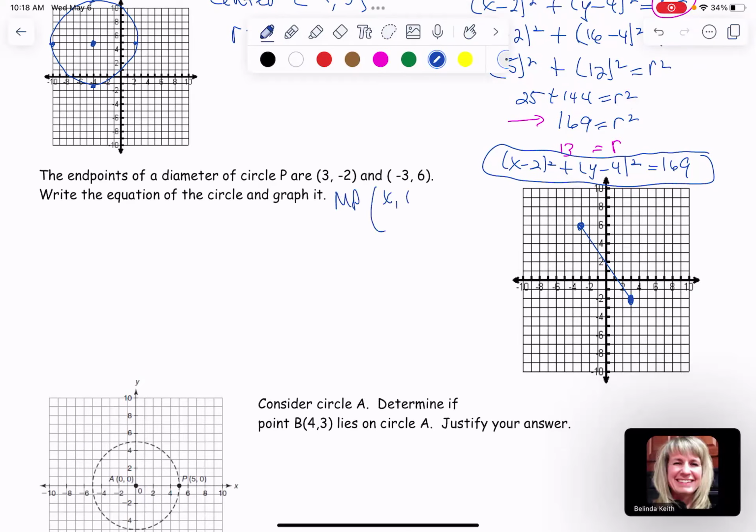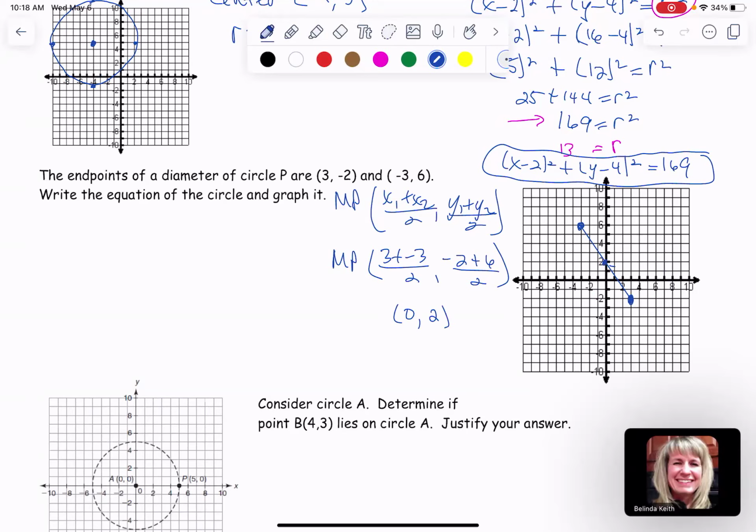So remember, we did x1 plus x2 divided by 2, y1 plus y2 divided by 2, because we can find the midpoint between those two endpoints to figure out where the center is. So we would do 3 plus -3 divided by 2, -2 plus 6 divided by 2. That's going to be 0, 2, which is right here.